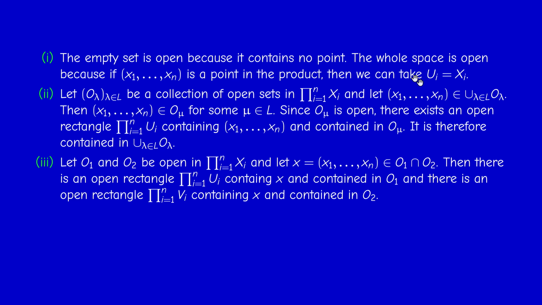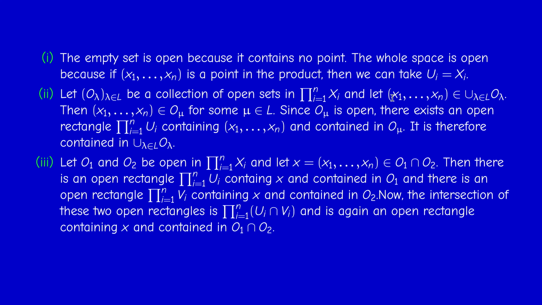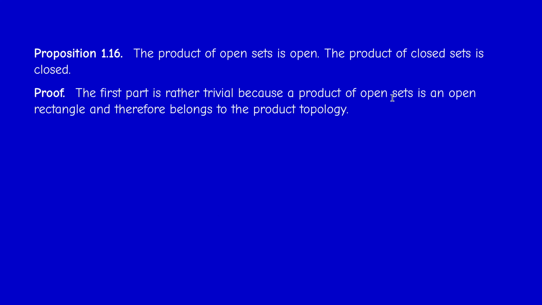So the idea is similar. I didn't write it, but it should be clear that an open rectangle is an open set. So therefore, a product of open sets is an open set. So this is just another way of saying an open rectangle is an open set.